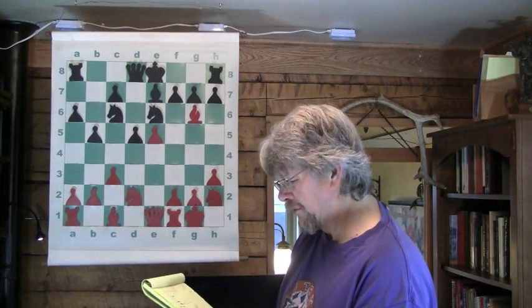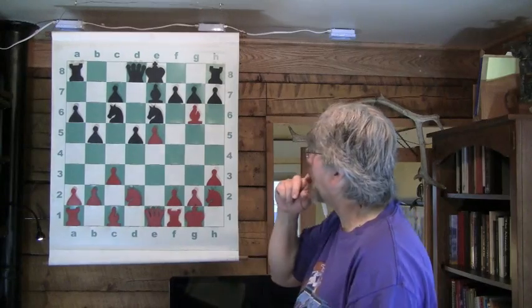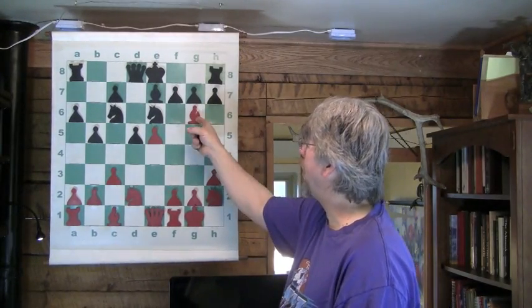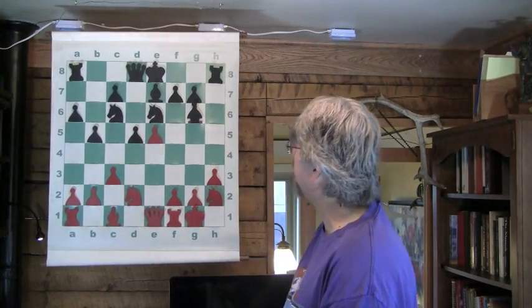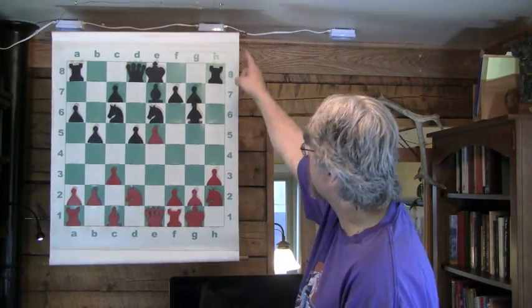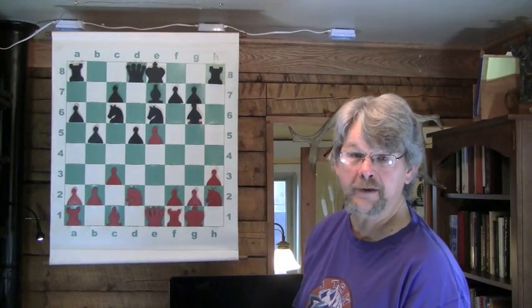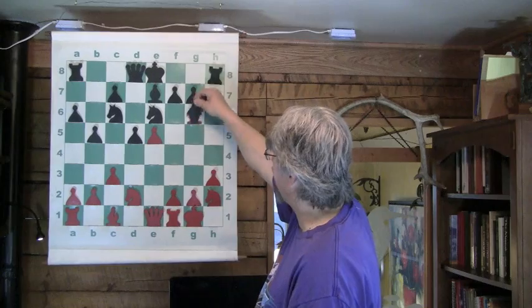Now the question here is, Rubinstein has one of two options. Does he take with the f pawn, or does he take with the h pawn? Now there's been a lot of times where you would say, yeah, take with the h pawn, because look at that. If he took it with the h pawn, look at that wonderful open file with that rook. I mean, that's fabulous. That's true. However, the downside of that is he's not castled yet.